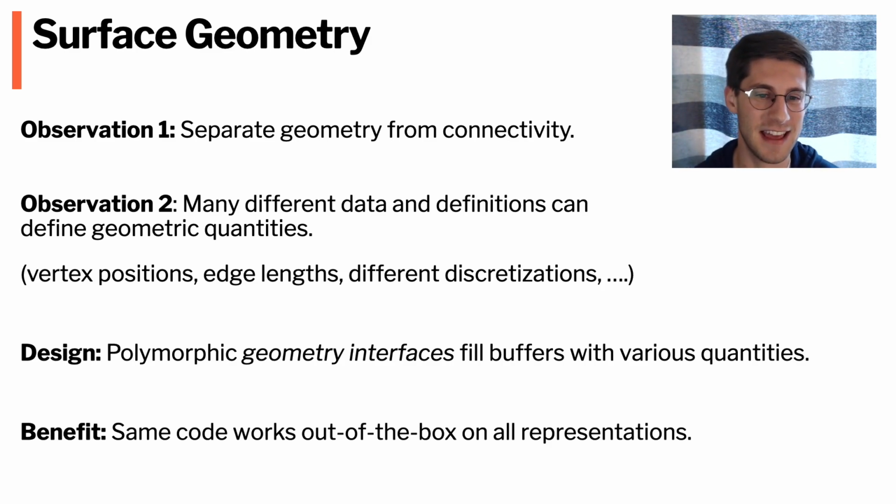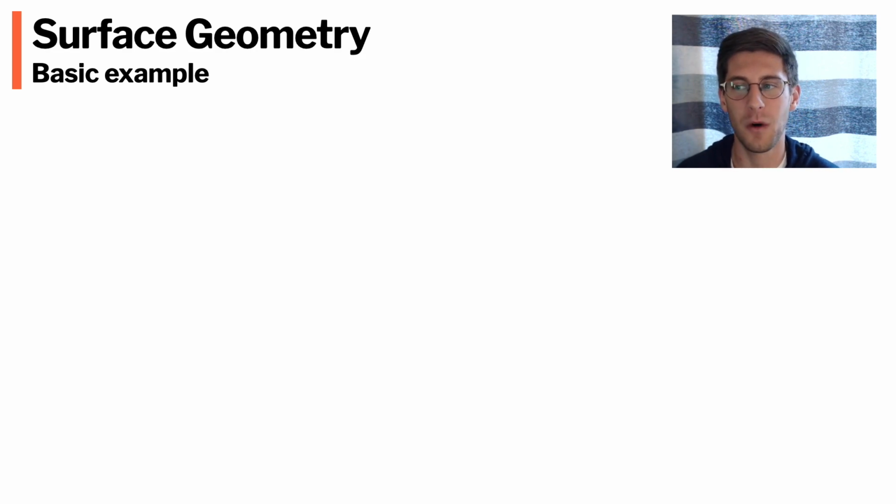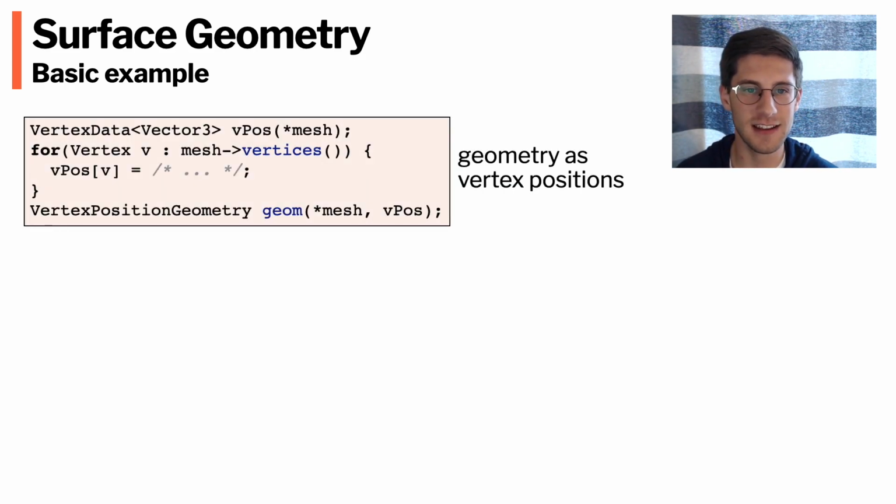But a downside to this is that templates can be a little bit difficult to work with from a user perspective. So we intentionally wanted to avoid sort of template incantations to make this more friendly to novice programmers and whatnot. So let's look more concretely at what these geometry classes look like.